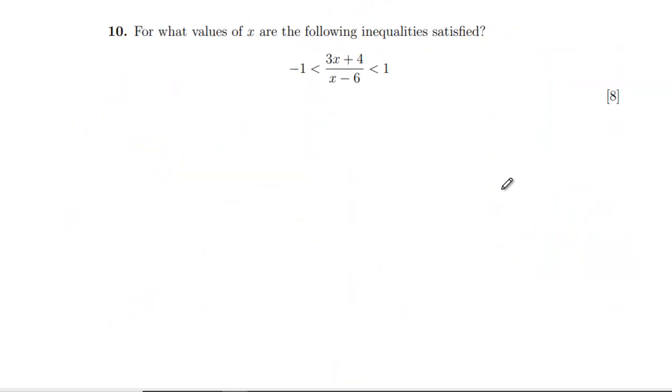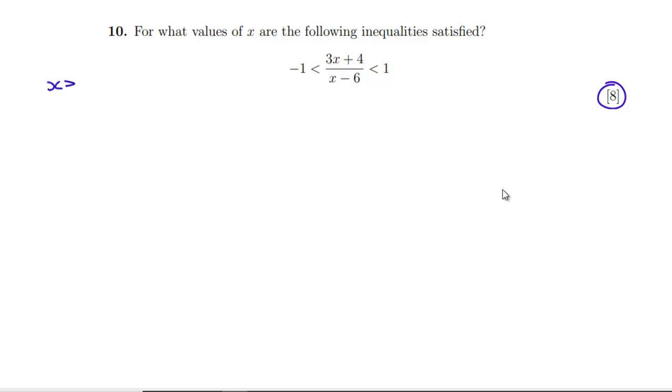For what values of x are the following inequalities satisfied? Right, this is looking disturbingly easy for 8 marks because they've not given us any squares or anything like that. So we can say then, a dividing point is when we're multiplying through by this x minus 6.